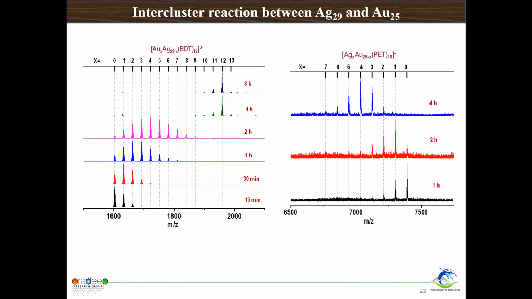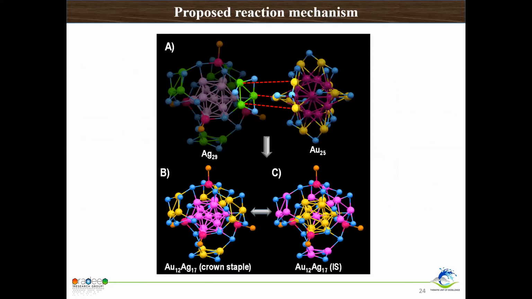If the Au25 atoms are directly interacting with the core, as I mentioned previously, a nanocluster has one metal core which is stabilized by an outer staple made up of metal and ligands, then if it is interacting directly with the core silver atoms, these 13 silver atoms should be replaced by gold atoms, not only 12.